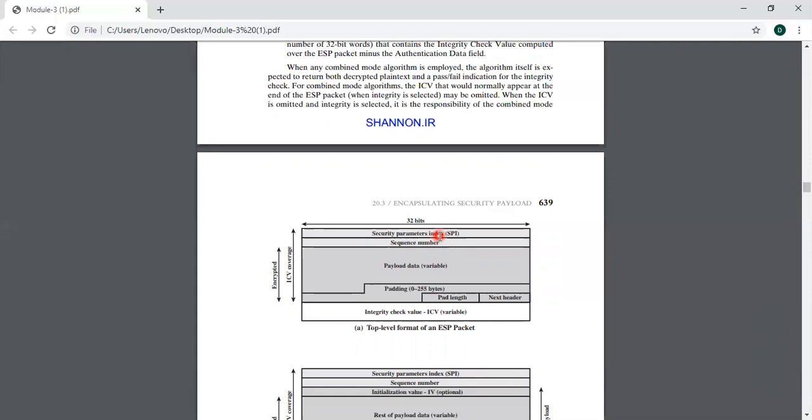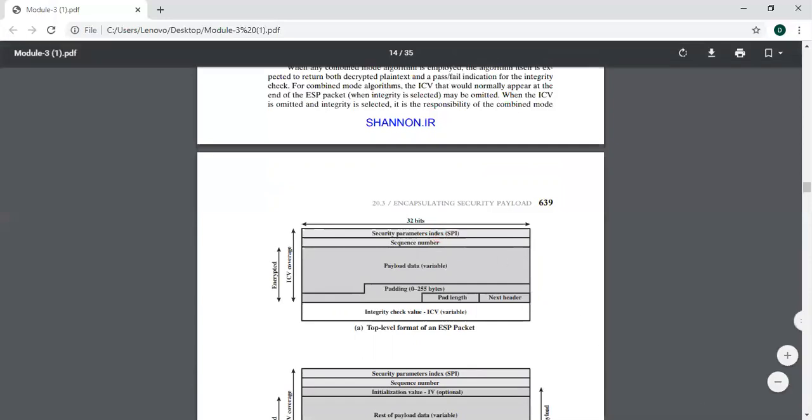Next is payload data, an IP packet protected by encryption. Next is padding, an unused portion of the data structure, typically added at the end of the structure. Next was pad length, which immediately comes before that field. Next header identifies the type of data contained in the field, and integrity check value verifies the integrity of the packet.